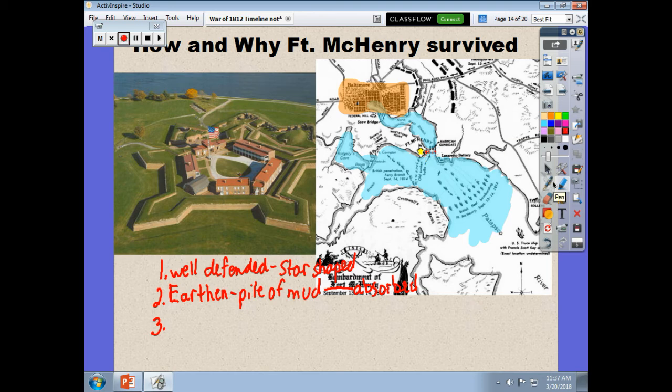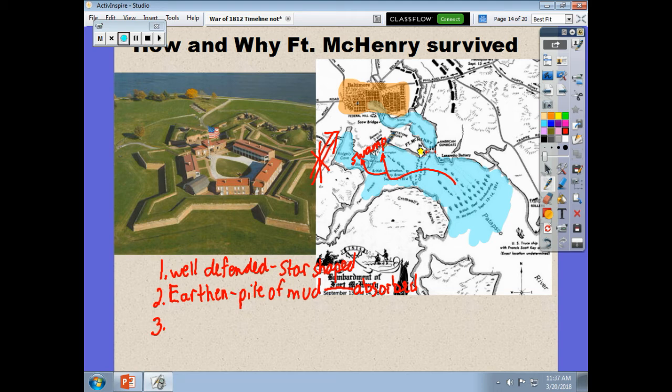Now, remember, we had all those soldiers that were marching in from Washington, D.C. this way. Well, they've been prevented, right? The British will send some guys this direction and try and get them to come in. The problem is this entire area is a swamp. And so that's going to prevent them from really getting in and making any headway to Baltimore.